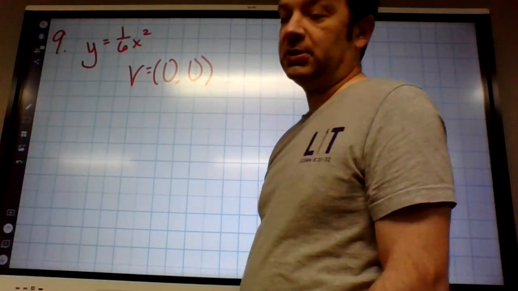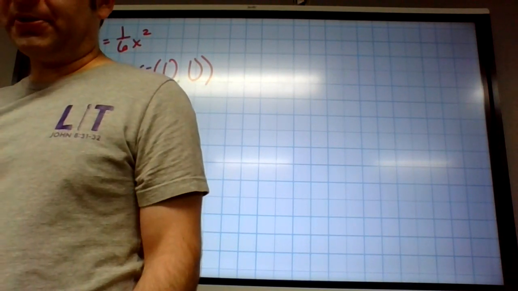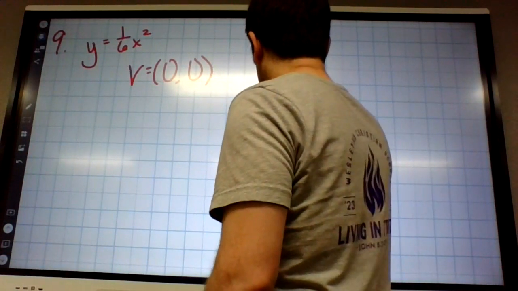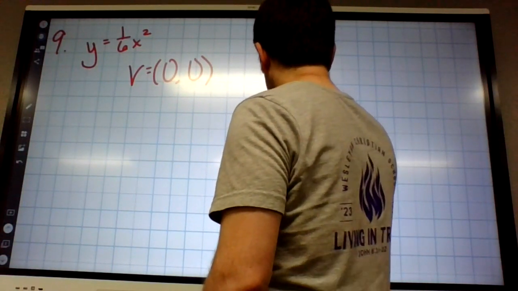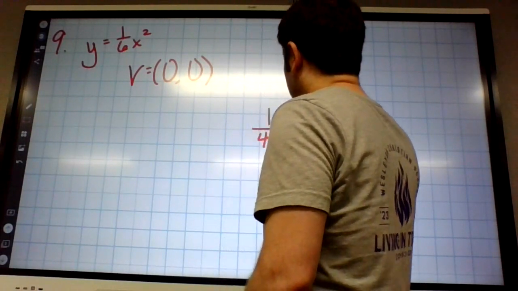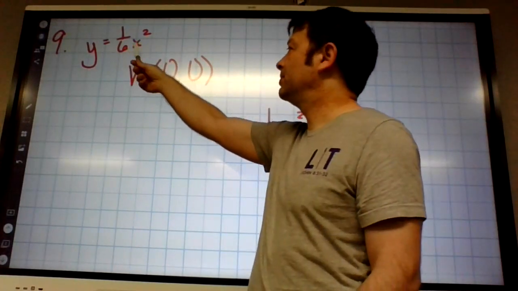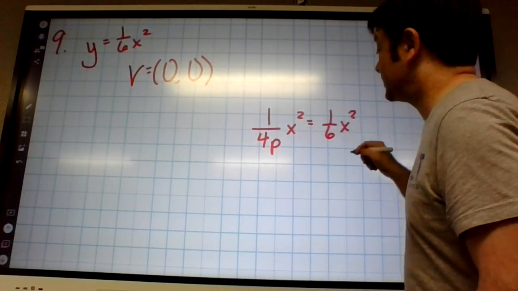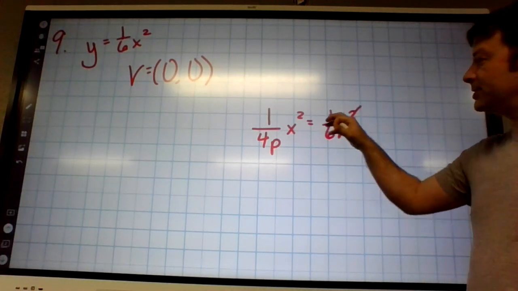Let's see. So there was this little formula we had. You guys probably forgot it, but it wasn't terribly large. It's 1/4p x squared, and you set it equal to what y is equal to, and then you're supposed to solve this for p. What happens though is when you divide by x squared, these just go away.